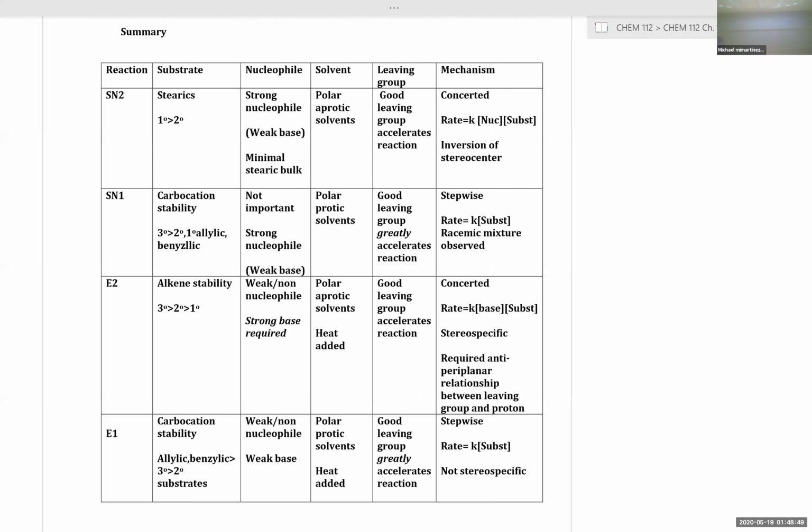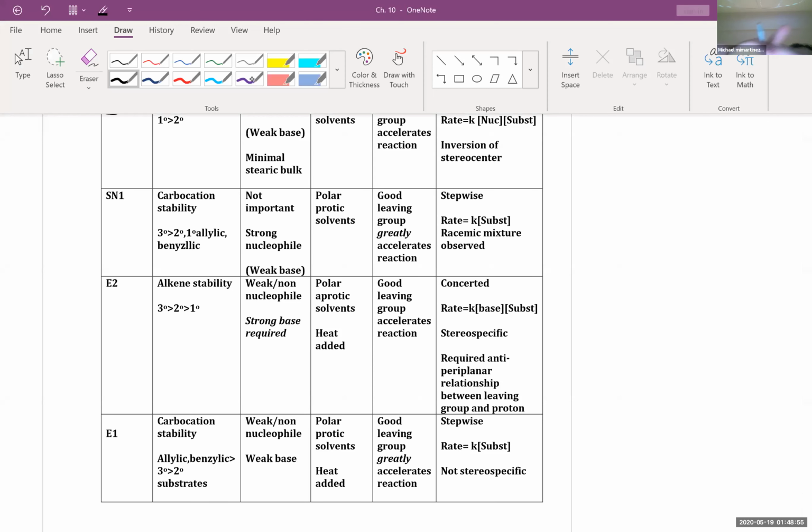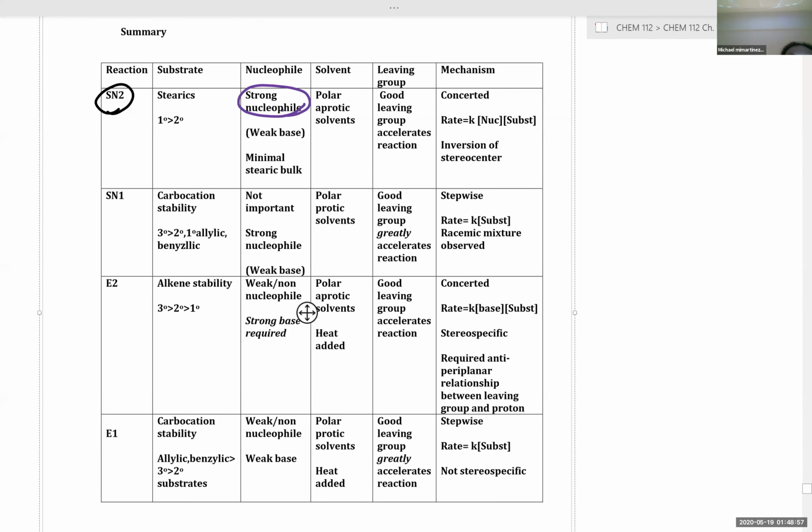Key highlights: for SN2, the key features to keep in mind are a strong nucleophile with minimal steric bulk. They prefer primary and secondary substrates and aprotic solvents. The mechanism is concerted with inversion of our stereocenter.